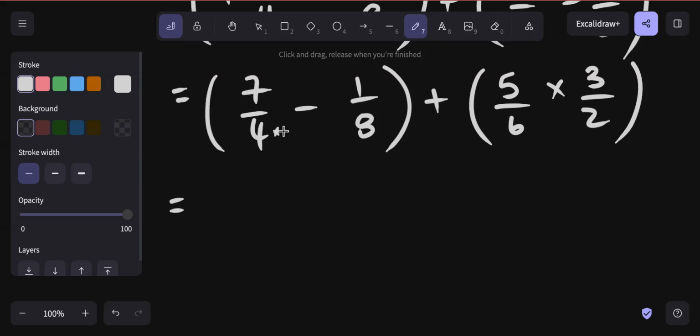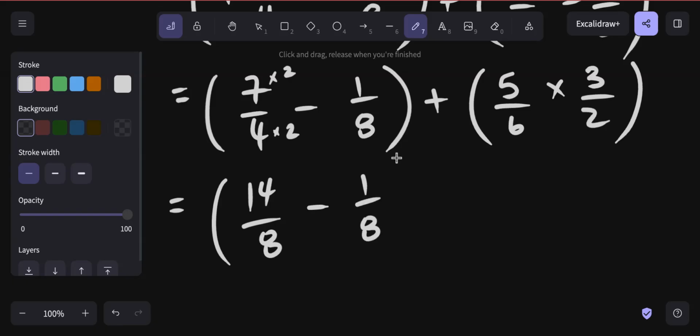I can multiply this 4 by 2 here and this 7 by 2 here, and that would give me 14 over 8 minus 1 over 8, right? Because I don't have to change this fraction. This is a factor of this, so I can write the equivalent fraction for 7 over 4 with a denominator of 8, so that I can then subtract these 2 fractions, right?